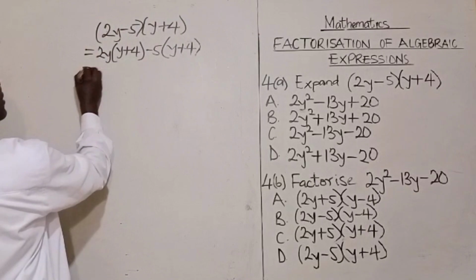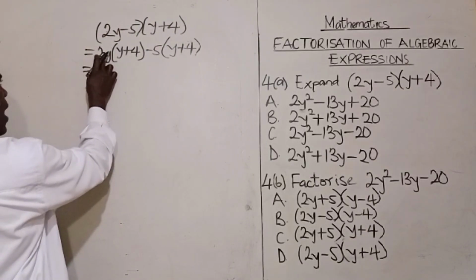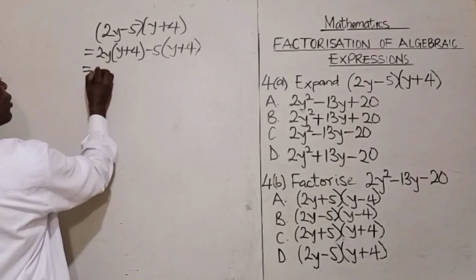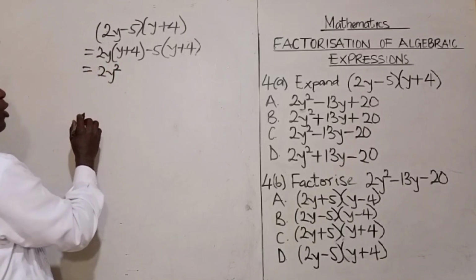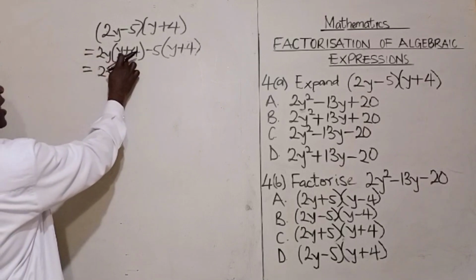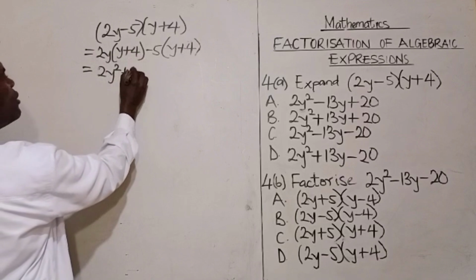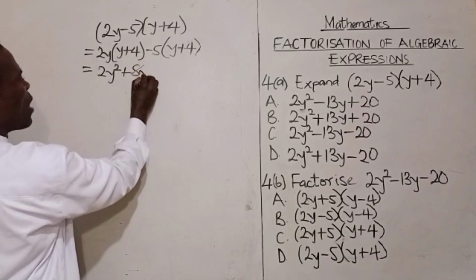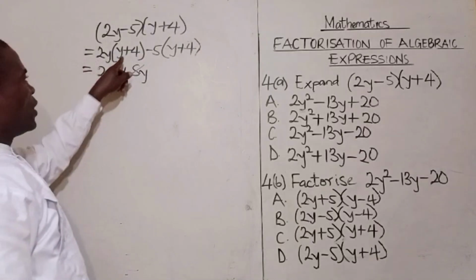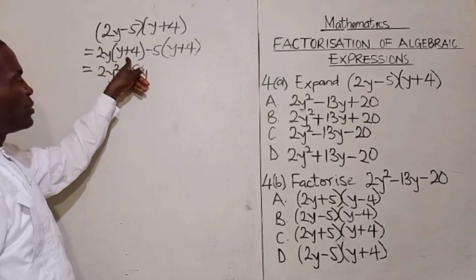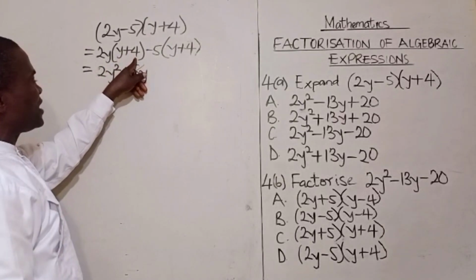Here is what we now have. Plus times plus, it gives us plus. 2y times y, it gives us 2y squared. We continue. Plus times plus again, we have plus. 2y times 4, it gives us 8y. So the first key has finished dealing with the room, the door, and then we have access to each of the items that are inside the room.